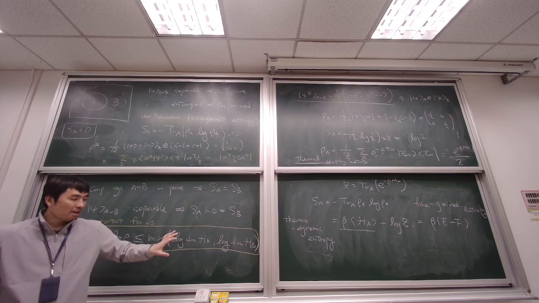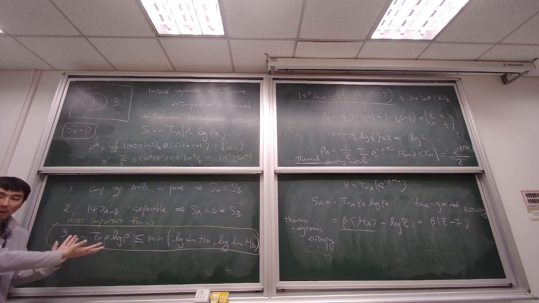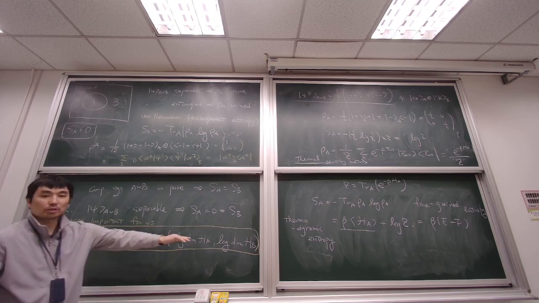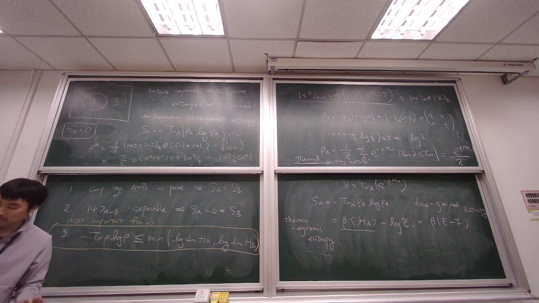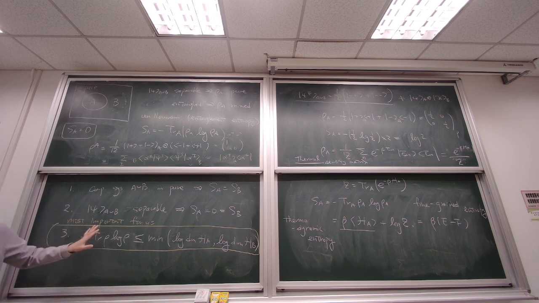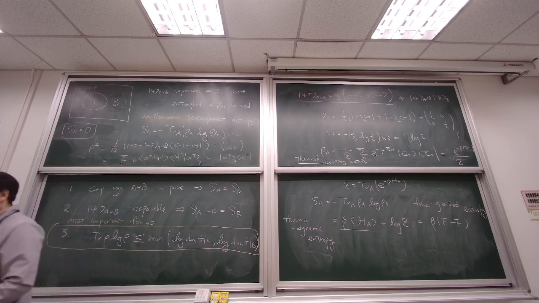Therefore, if one of the systems shrinks to very tiny, the total system should be bounded in that Hilbert space. Okay? So that's the most important property of this von Neumann entropy: the von Neumann entropy of the total system is bounded by the dimension of the Hilbert space of the subsystem.